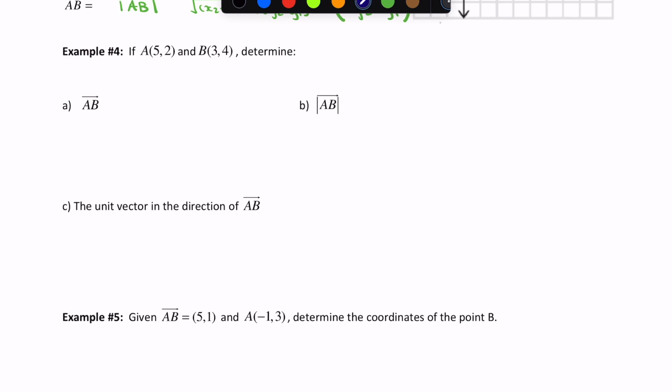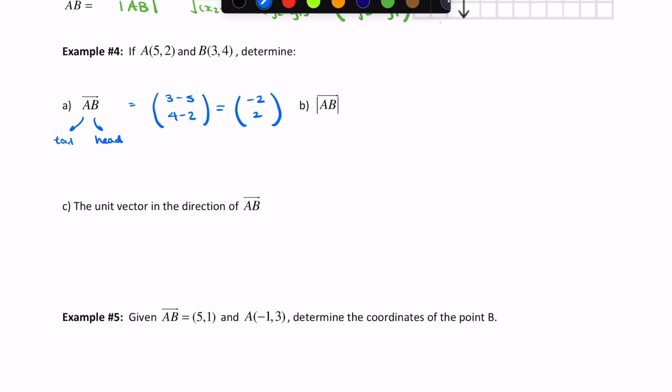So again, A here being the tail and B being the head. Again, head minus tail, so 3 minus 5 and 4 minus 2, which is equal to -2 and 2.